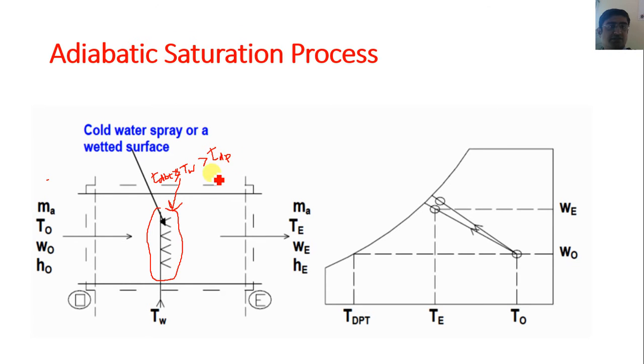Then there will be no chance of the moisture condensing, which would make it a dehumidification process, because here we want to humidify the air. It means that the moisture content at the outlet must be higher than the moisture content at inlet.